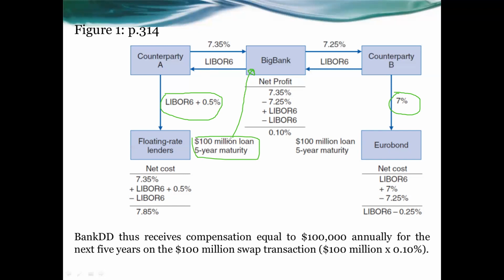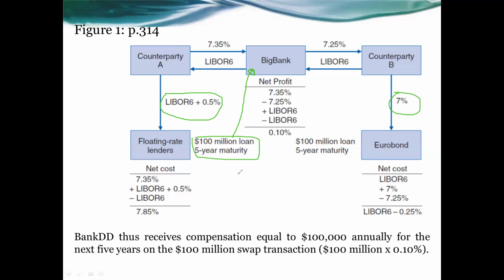The agreement is based on the principal amount. Trader A will pay 7.35% interest to the bank, and the bank will pay LIBOR rate to trader A. I'm really sorry, this amount is not deposited anywhere. It stays with trader A as his loan amount.